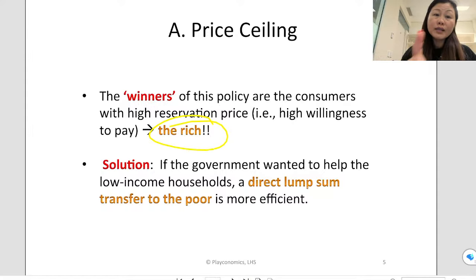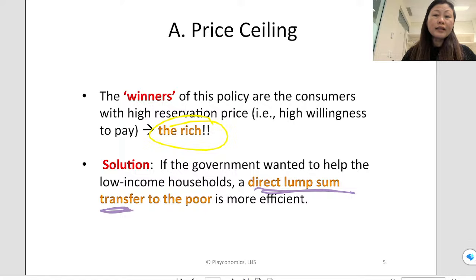Now, the question then is, what do you think is our solution? If the government really wanted to help the low-income households, a direct lump sum transfer is more effective.